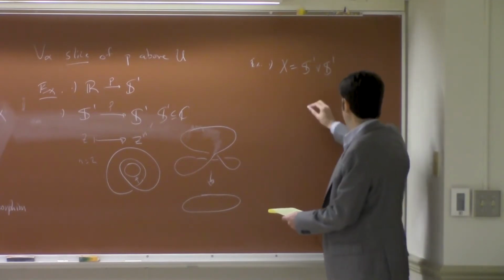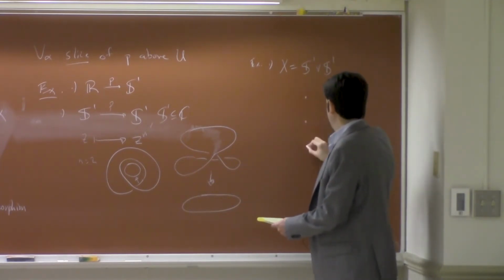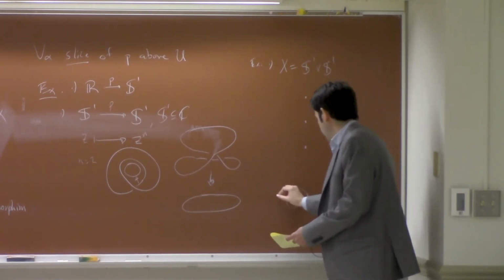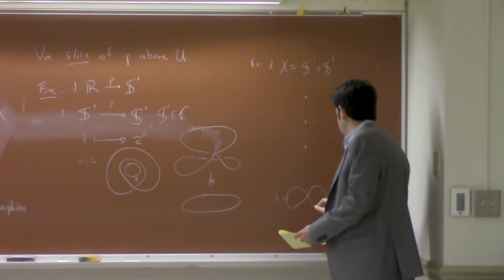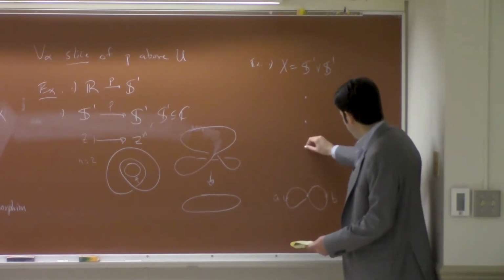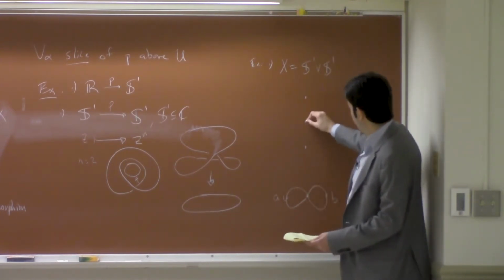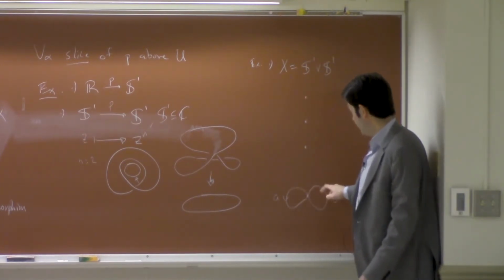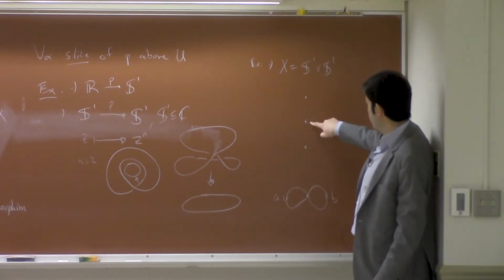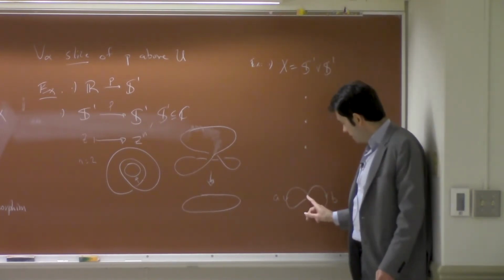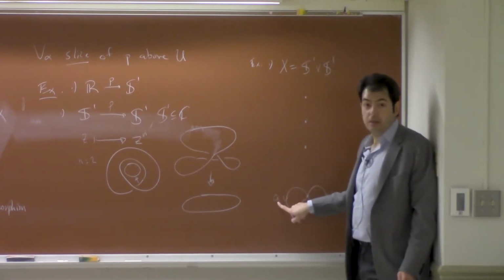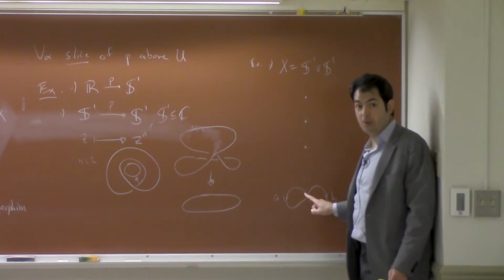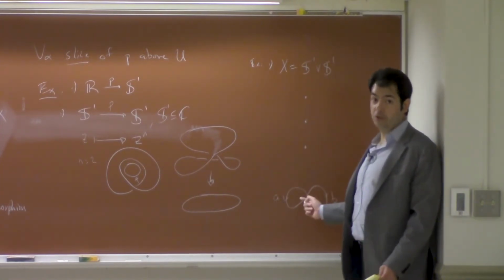So here is, for example, a cover where we're going to have, say, this is loop A, this is loop B. So this base point is going to have 3 points lying above it. And if you think about what would happen if you lift a path, each of these is going to have one A that is leaving it, and one A that is returning to it, and similarly one B that is leaving it, and one B that is returning to it.